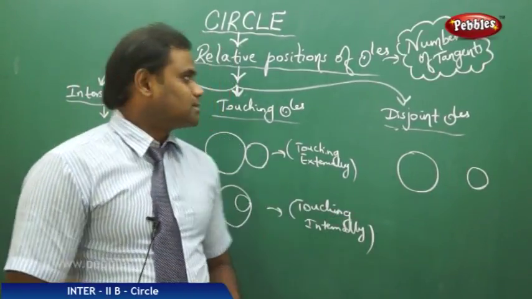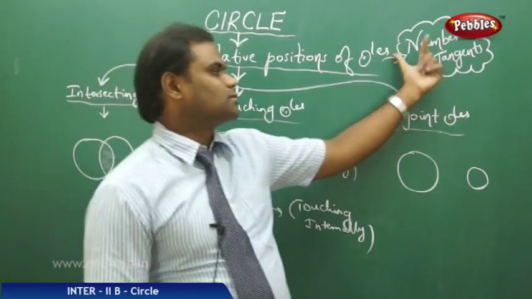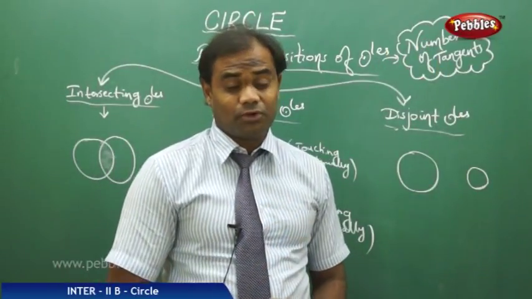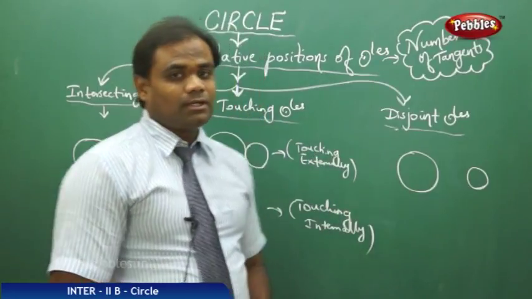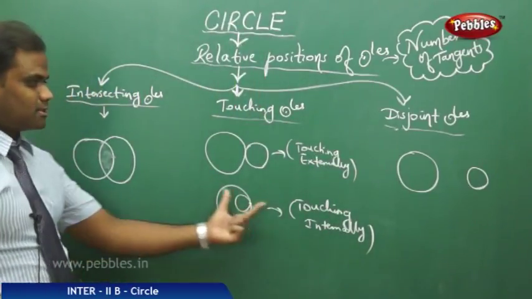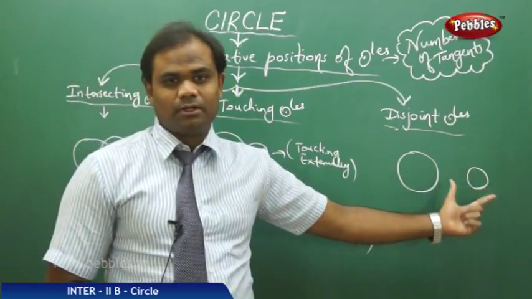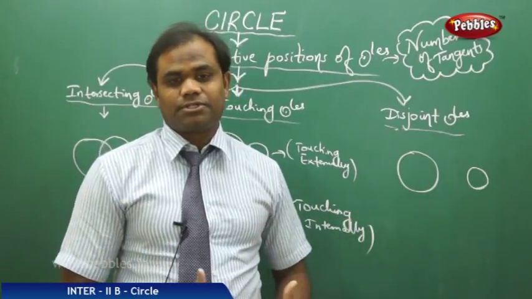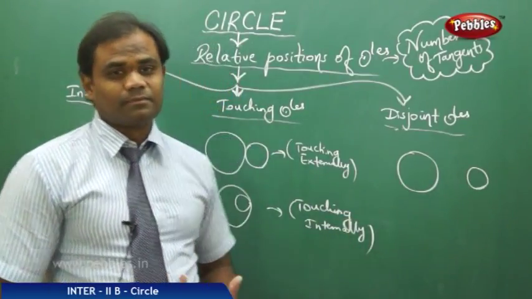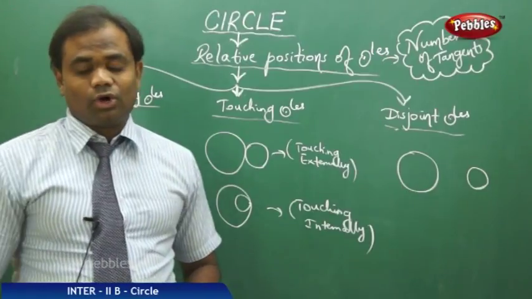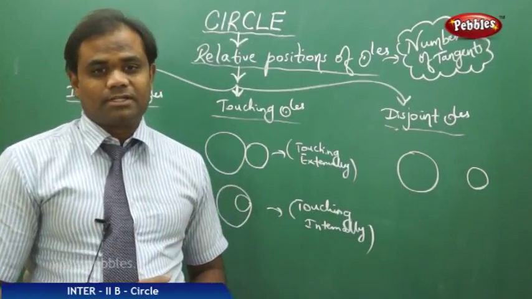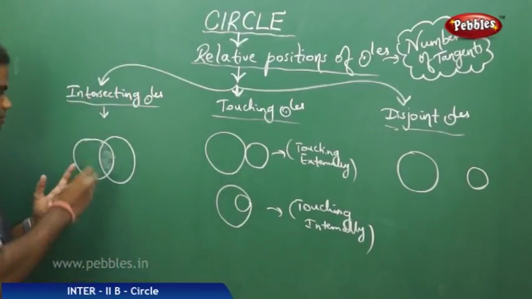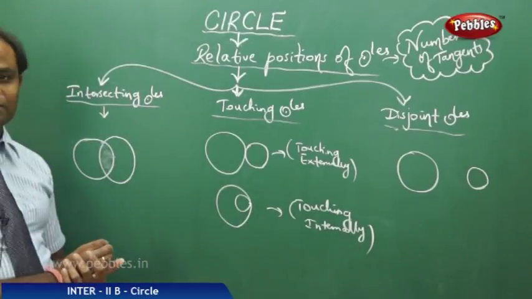Now let's connect the relative positions of circles with the number of tangents which can be drawn for each position. Now we know that a common tangent is a tangent to both the circles together.